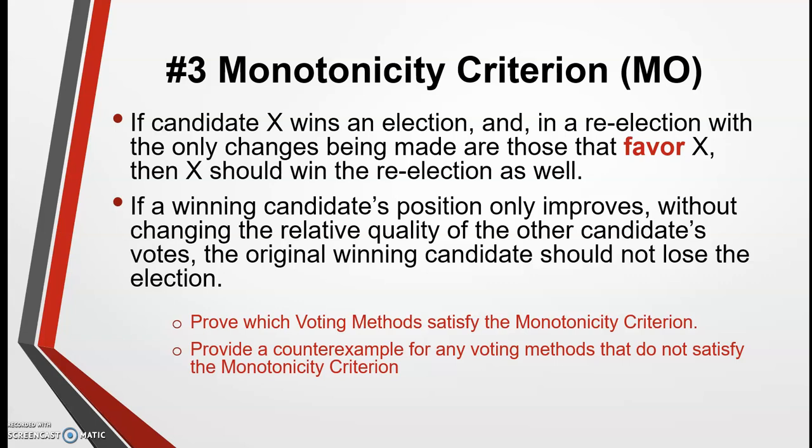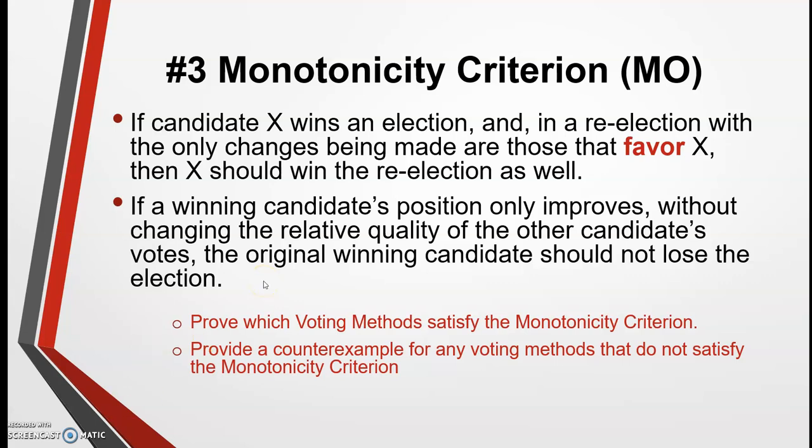So let's say candidate X wins, then we have a re-election, and the only changes are made in favor of candidate X. Well, then we assume if they won originally and all of the changes favored them, then they should win the re-election. And it turns out that that is not always the case.